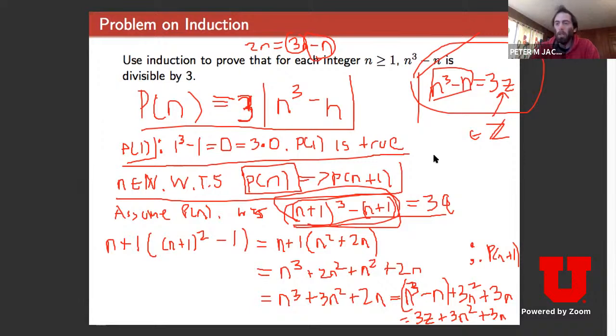So n is some number, and this algebra works. Does that help? Kinda, yeah. Okay.